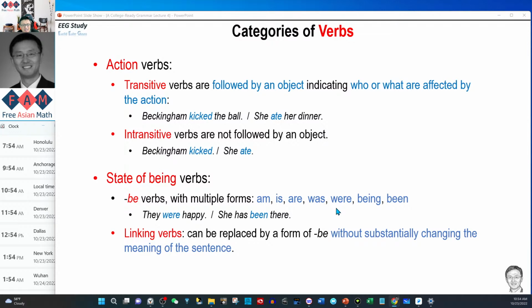But the very reason it's called a linking verb, not a be verb, is because they're still not 100% be verbs. There are some small differences. For example, seems tells a little bit of uncertainty. It's not 100% sure, otherwise it would be a be verb. Became gives you a time constraint: just recently this happened, or at some point in the past, and only after that point is she a legend.